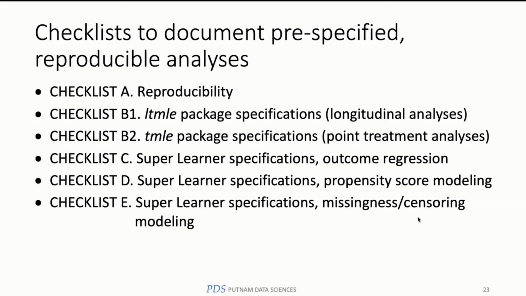And then if you're using super learning for the outcome, there's specifications for that. You could have separate specifications for the propensity score and even other specifications for the missingness and censoring probabilities, modeling those things. And so a separate checklist for each one makes it so you can't forget to write everything down. So I'll just show you an example of what those look like.